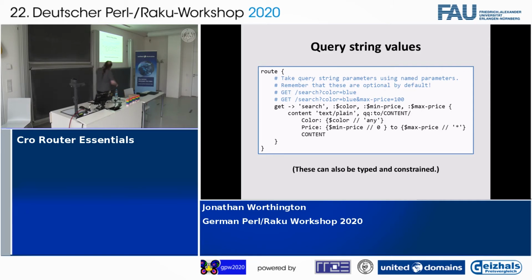The other thing this means is that you can actually have multiple routes with the same route segments, but then you can do different kinds of query string requirements as well, and actually have different bits of route logic based on that. So they almost work a little bit like multi-subs.